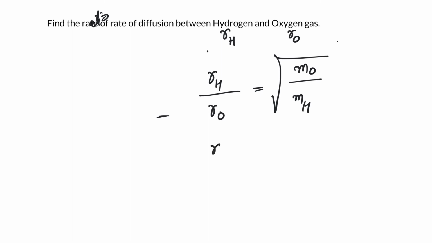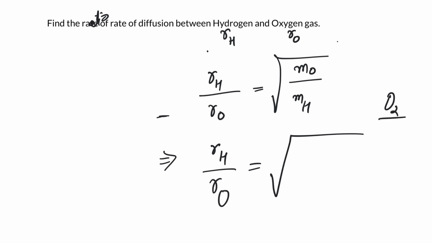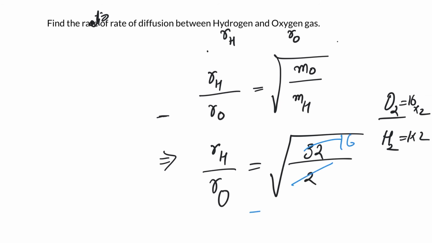So that implies RH upon RO equals the square root of the mass of oxygen upon the mass of hydrogen. Oxygen is O2, that means 16 times 2, that's 32. Hydrogen is H2, 1 times 2 is 2. Right? So the square root of 16 is 4:1.